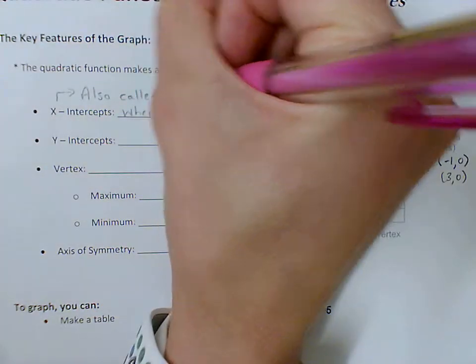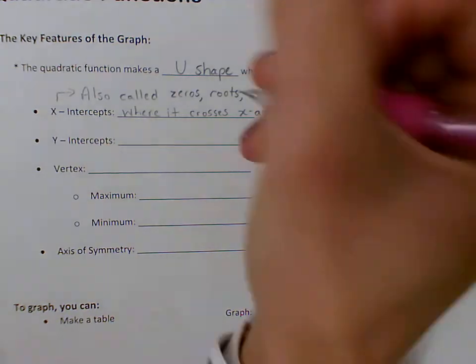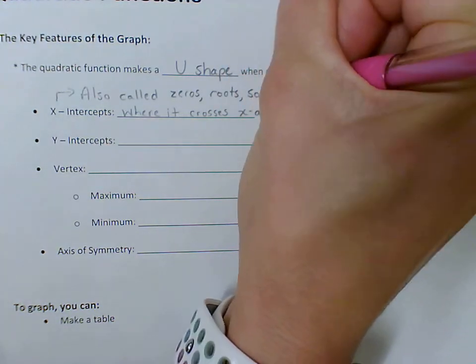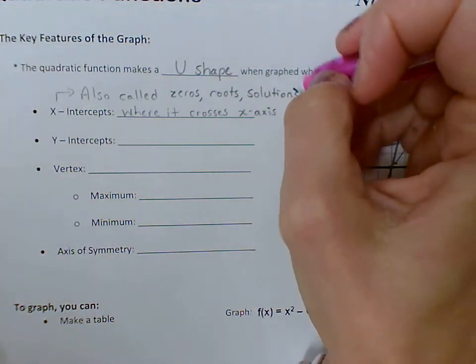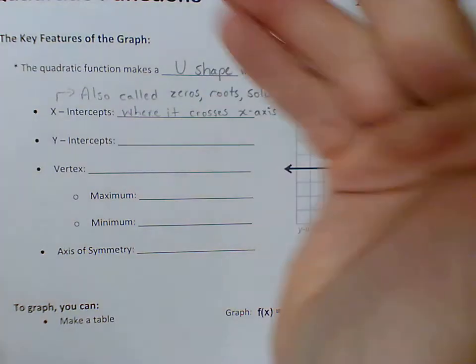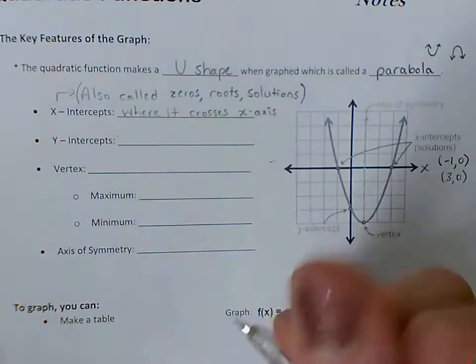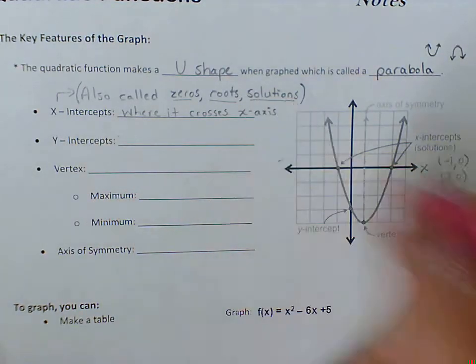It could also be called roots. And then you're also going to classify them as solutions, because whenever it asks you to solve a quadratic, you're going to be typically finding the x-intercepts, where it crosses the x-axis. So these x-intercepts could also be called zeros, roots, or solutions, okay?